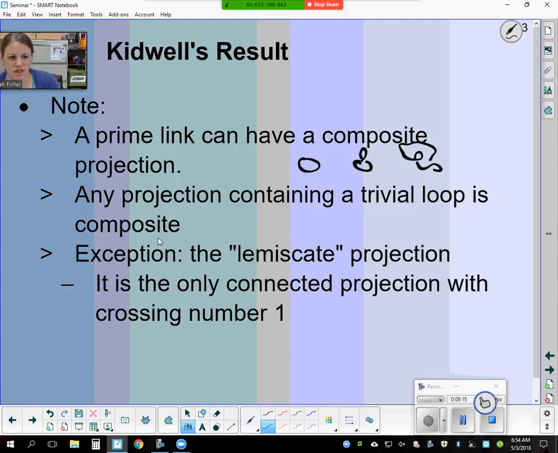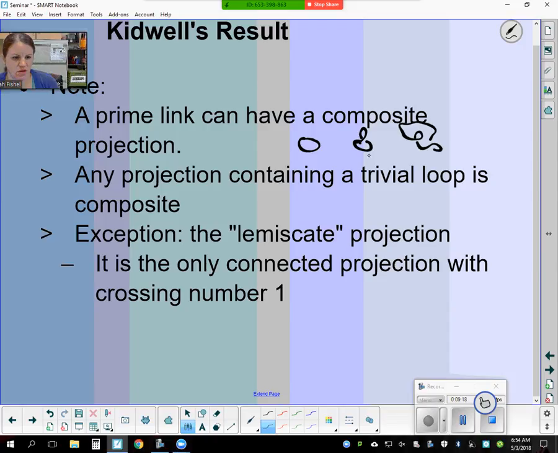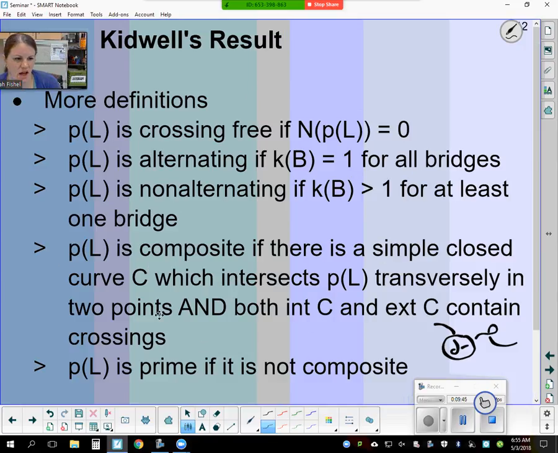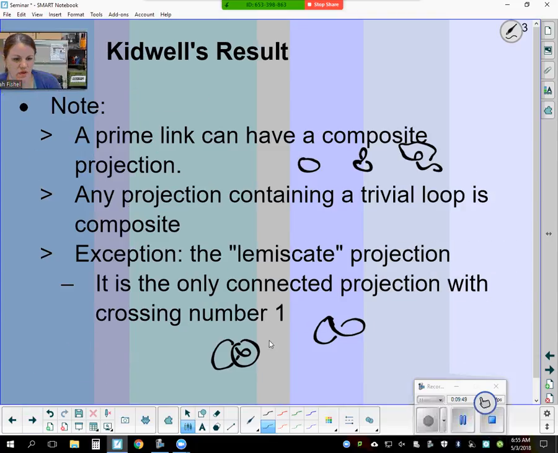There is one exception, a particular projection of the unknot, and it's actually that second one I drew, this one here. It would be an exception, because if you go to draw your circle, here's my circle, this does not fit the composite definition, because it says it has to have crossings inside and outside of C, and in this one it only has it inside.